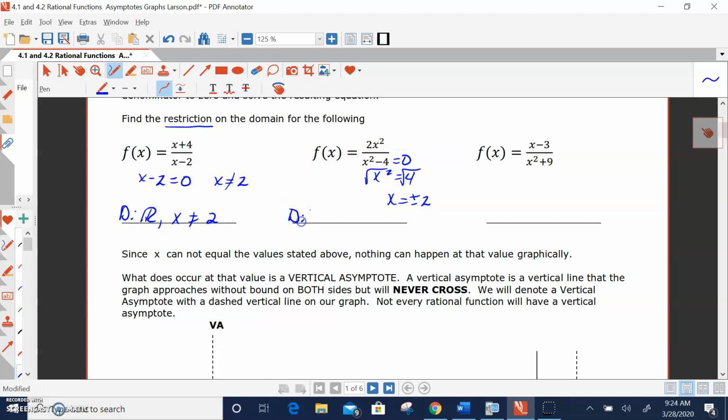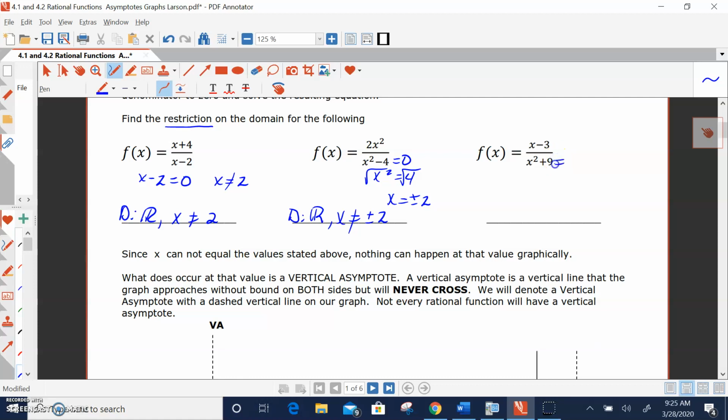So for my domain, it's all real numbers, but x cannot be plus or minus 2. We have to find these domain restrictions because something interesting is going to happen graphically at those domain restrictions.